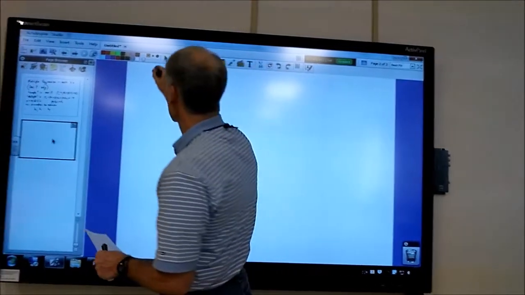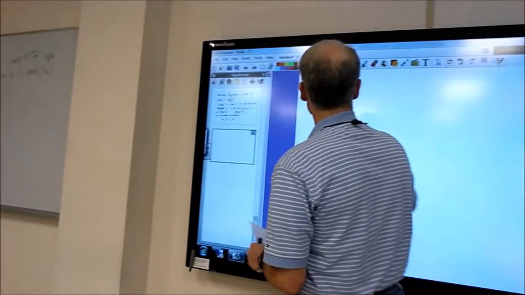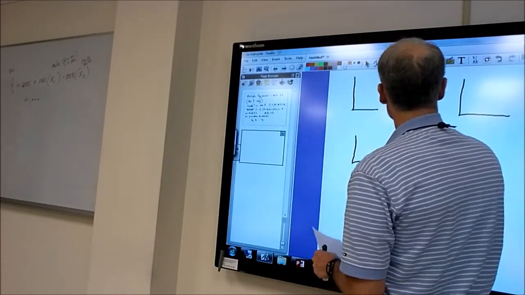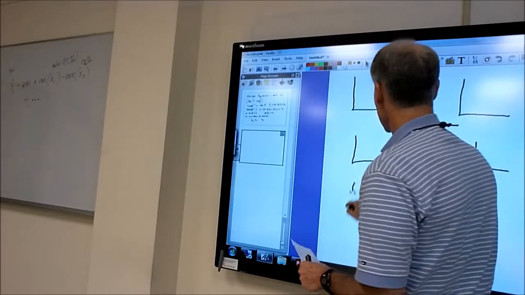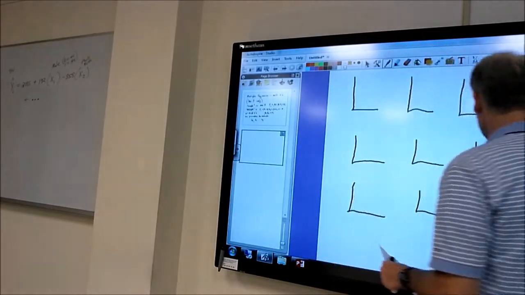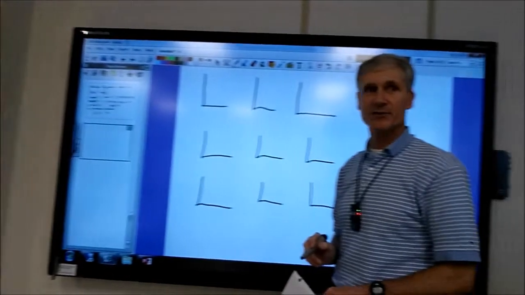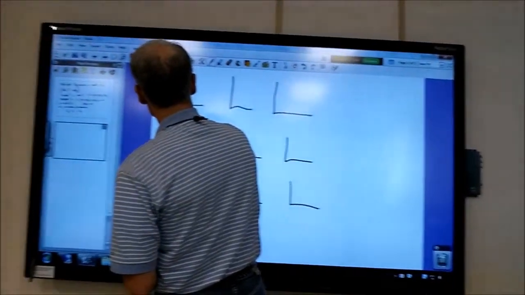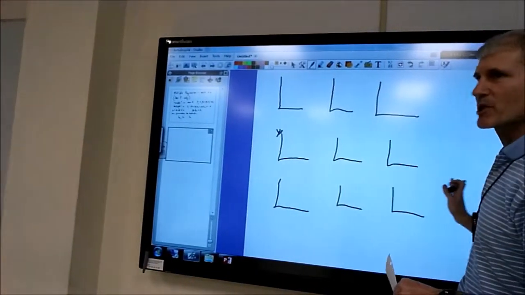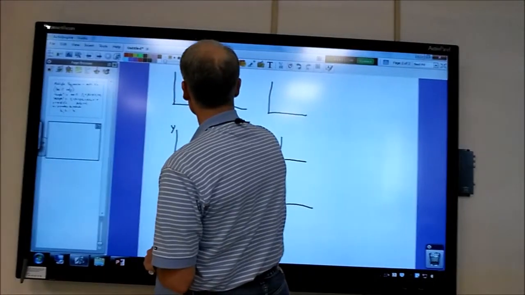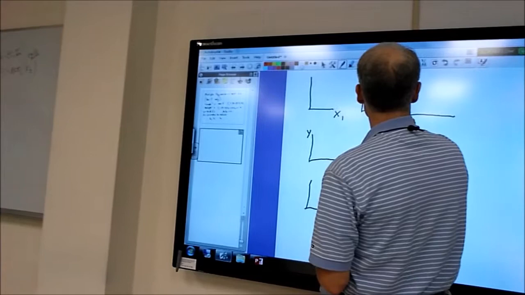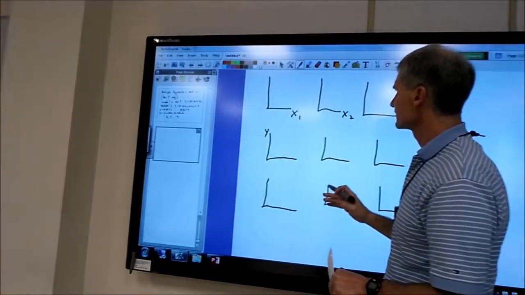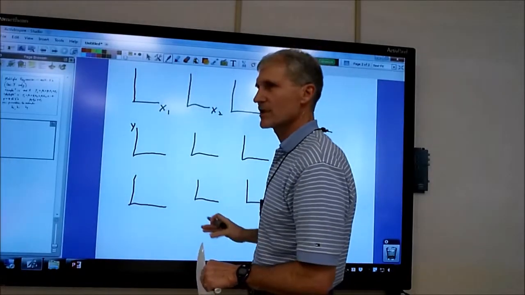So what you may see produced by software is what we call a scatter plot matrix. This is y on the y-axis of all of these plots, and then this one is x1, this one is x2, this one is x3, and so on, however many x you have.